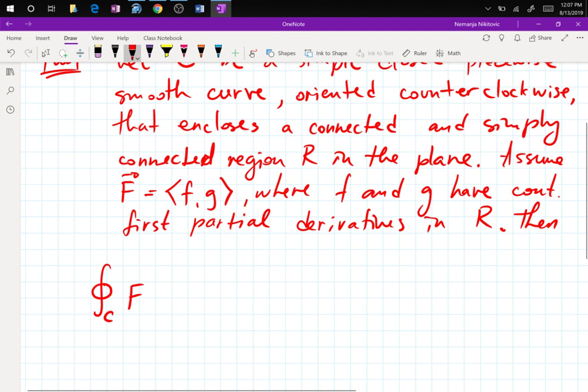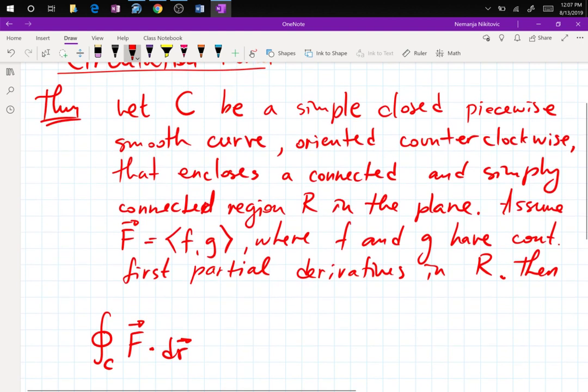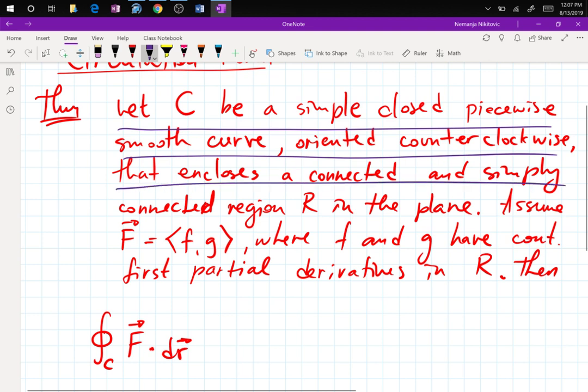the line integral on a closed curve, which is why you have this circle on the integral sign. This is the first time you see this notation. This circle simply means all of these conditions on the curve C are encoded in this one circle around the integral.